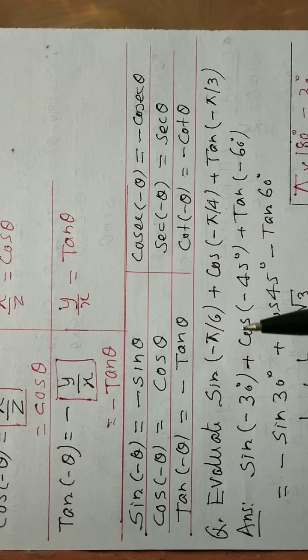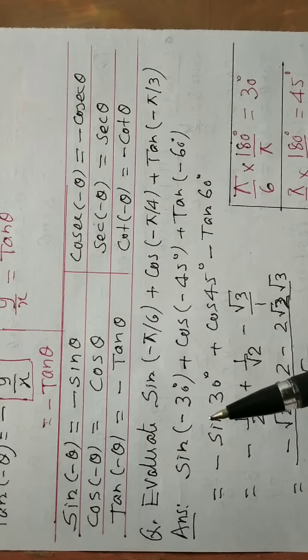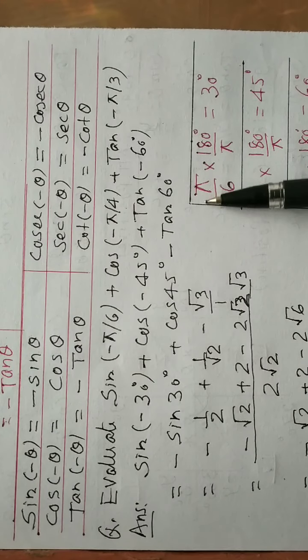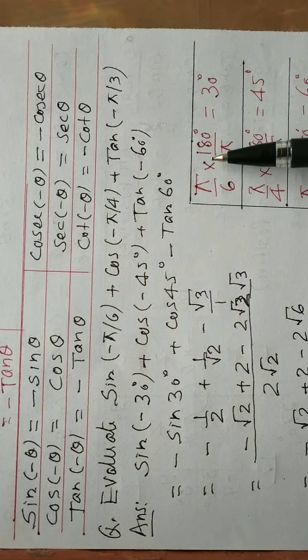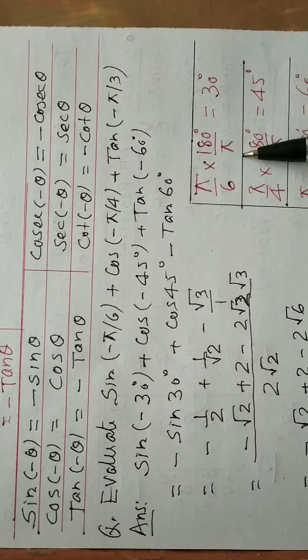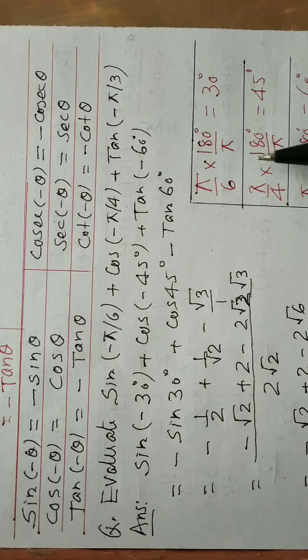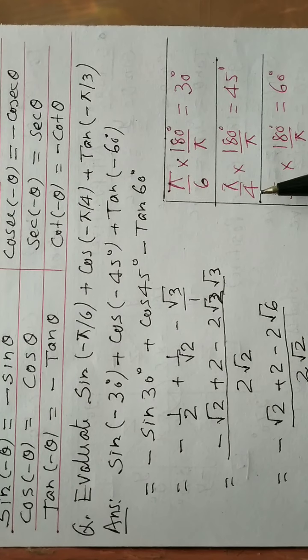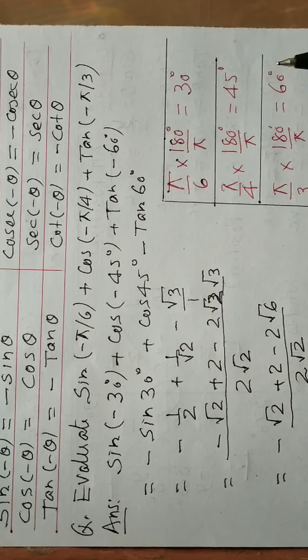First of all, convert this pi to degree. Multiply by 180 by pi to remove pi: 30 degree. To remove this, multiply by 180 by pi: 45. To remove pi again, multiply by 180 by pi: 60.